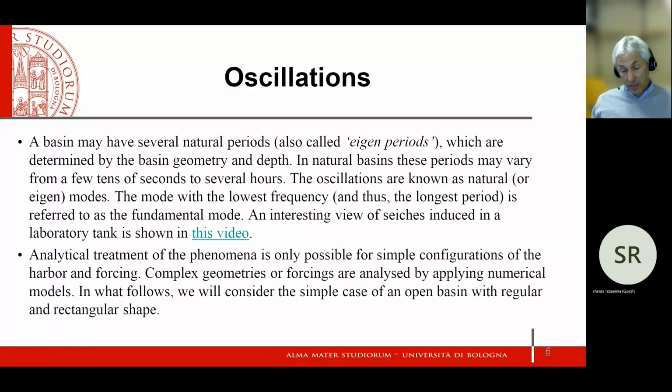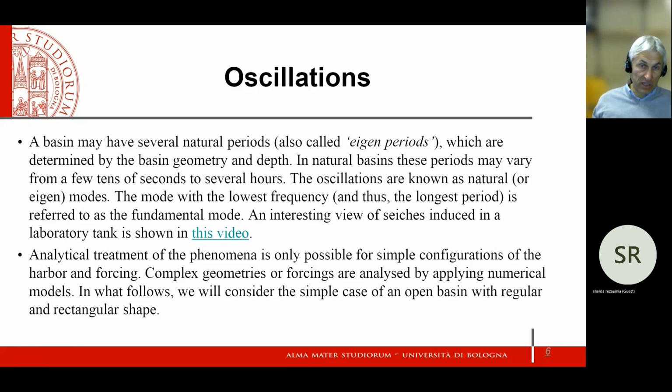Now, it is anyway possible to study this phenomenon with numerical models or analytical models. Analytical model means that the equations which describe the motion of the oscillations are analytically solved.